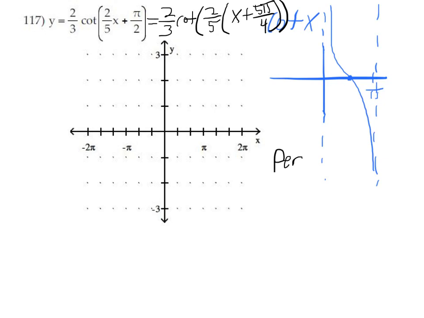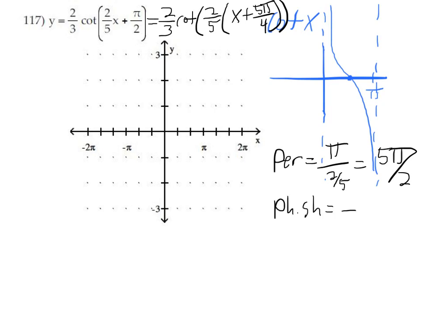The period is the normal period of pi divided by the coefficient 2/5. That would be 5/2. Our period is 5/2. The phase shift is negative 5/4, and that's the reason why we factored out the 2/5, to easily see the phase shift.